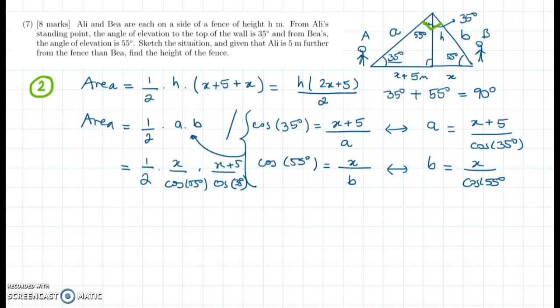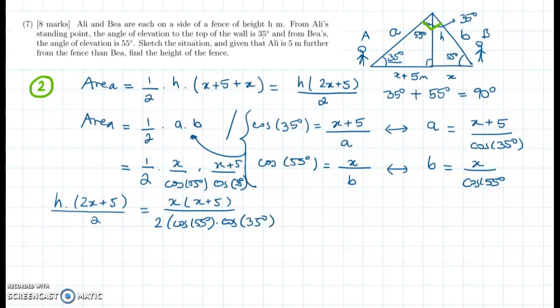Okay, what have we done? We have found the area of the triangle in two different ways, but the area has to be the same, so we can say that those two values are the same. So we are saying that h times 2x plus 5 over 2 is the same as x times x plus 5 over 2 multiplied by the cosine of 55 degrees multiplied by the cosine of 35 degrees.